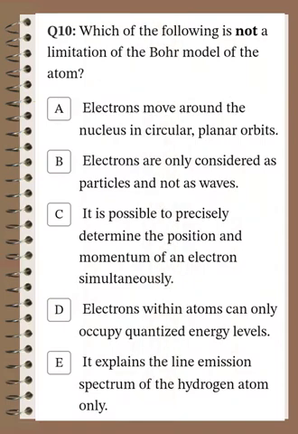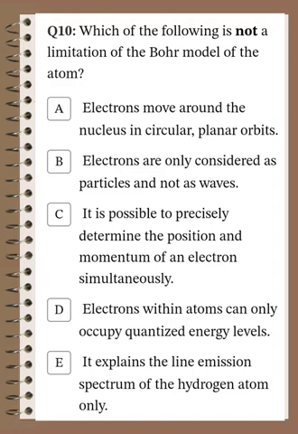Question number 10 here we have. Which of the following is not a limitation of the Bohr model of the atom? Electrons move around the nucleus in circular or planar paths. Okay, I think it's right. Electrons are only considered as particles and not as waves. Also, it's right, proposed by Bohr. It's possible to precisely determine the position and the momentum of an electron simultaneously. Okay, maybe.